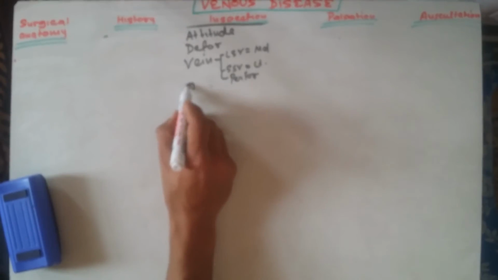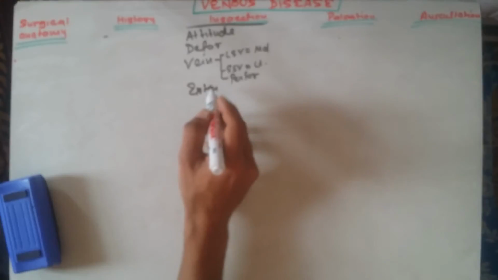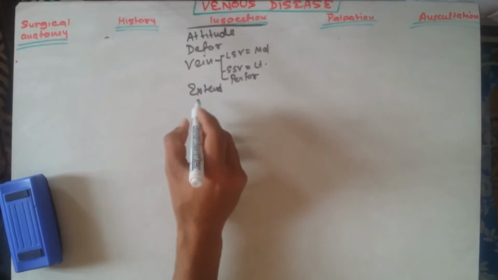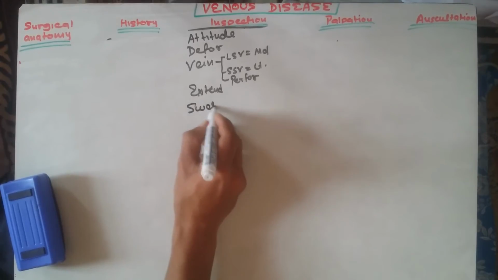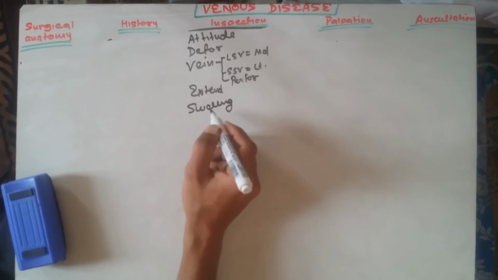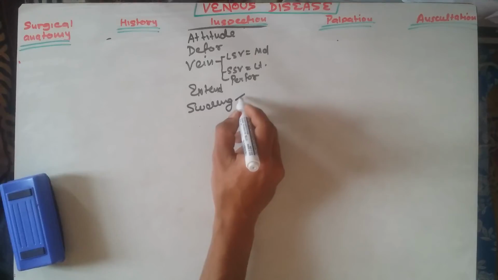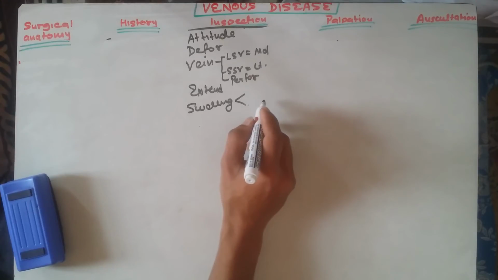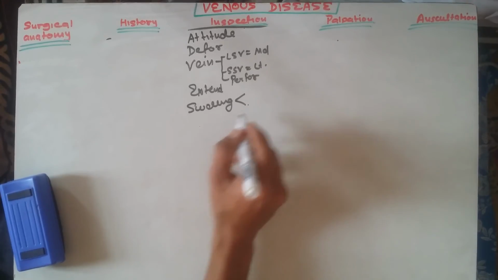And we will look for the extension of the varicosity, extent of varicosity. Then whether any swelling is present, whether it is localized or generalized, because generalized type of swelling is seen in DVT case, whereas localized is the case of the superficial thrombophlebitis.